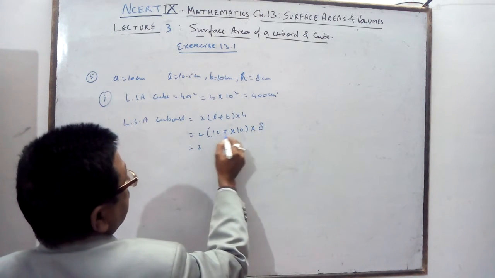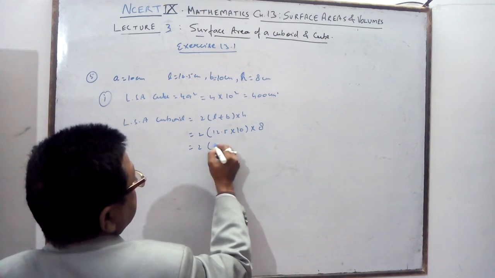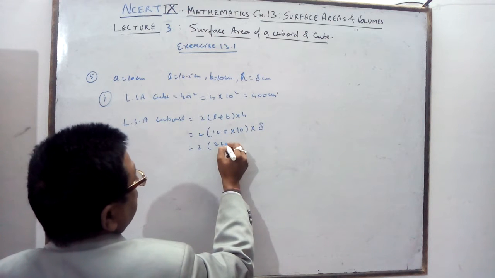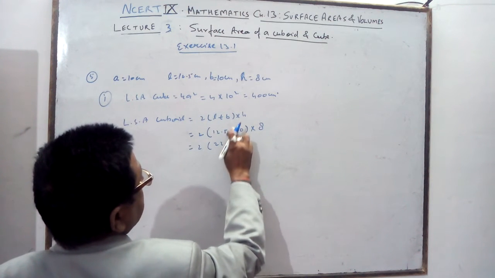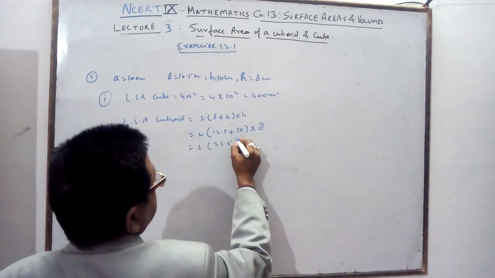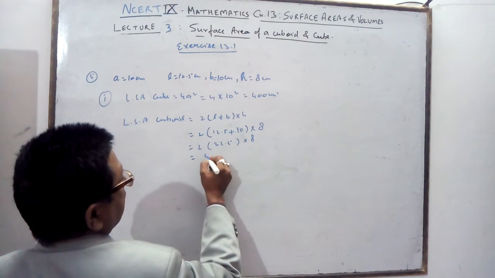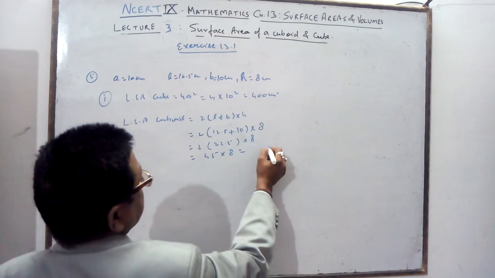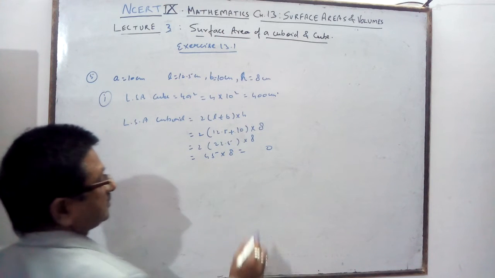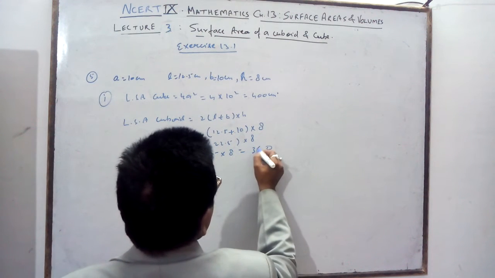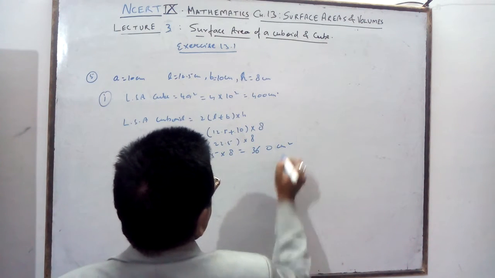2 into 12.5 plus 10 is 22.5, so 45, into 8. What will you get? 45 into 8, 360 centimeter square.